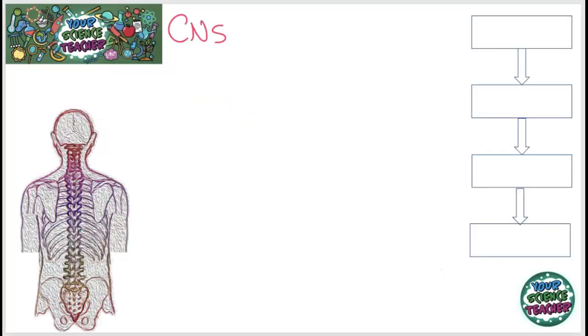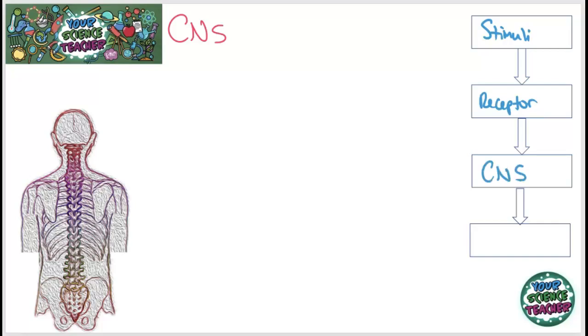We're now going to get on to more of the content of the exam and away from required practicals. We are going to look at the central nervous system and how humans respond to different stimuli. So if we have a stimulus, which just means a change in the environment, what happens is we have receptors, and these receptors will detect the change in the environment and send it to our central nervous system.